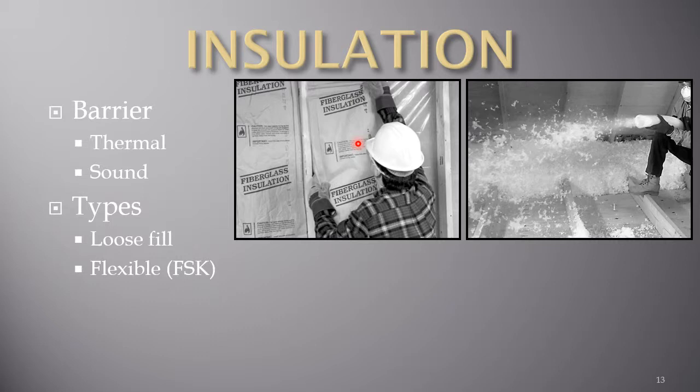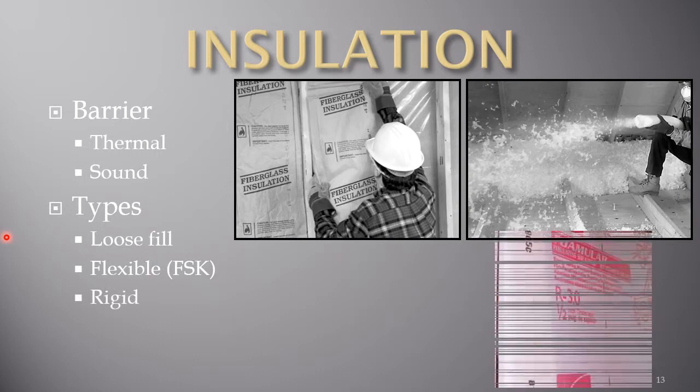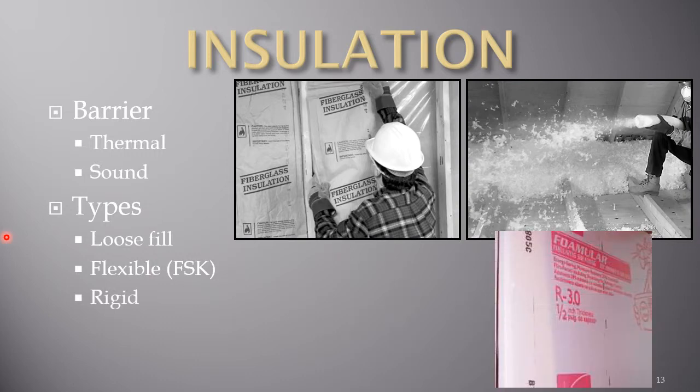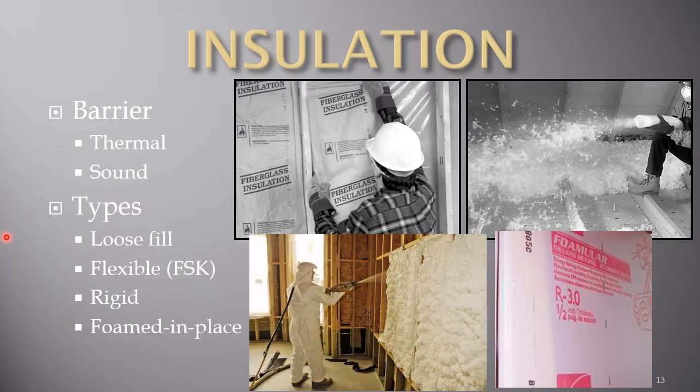The foil and the scrim is a reinforcing fabric, and it basically provides the insulation with some fireproof characteristics. Then there's rigid. These are the plastic boards that you might see. And then there's foamed in place. And this is sprayed on, and again requires specialized protective equipment and installation equipment.